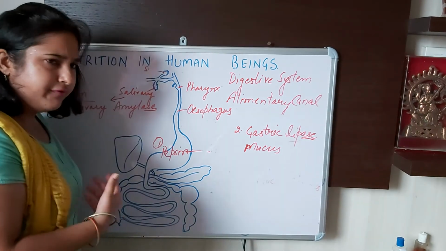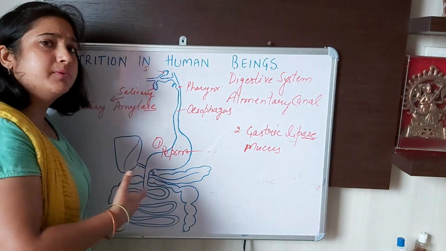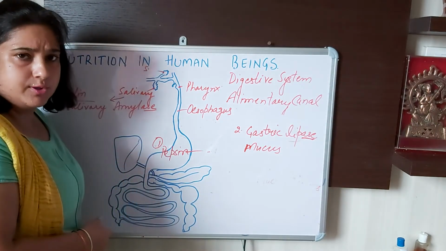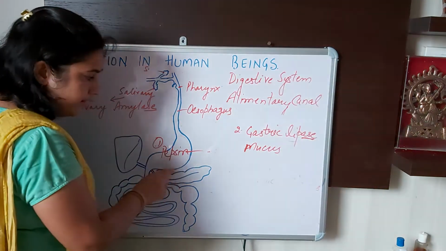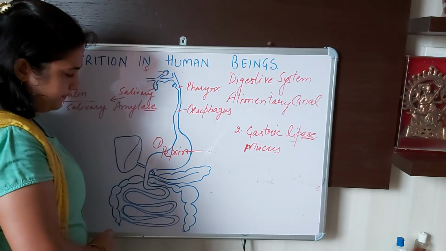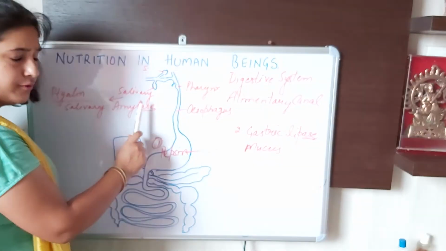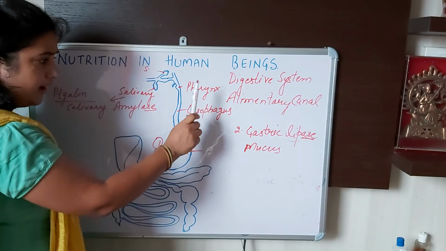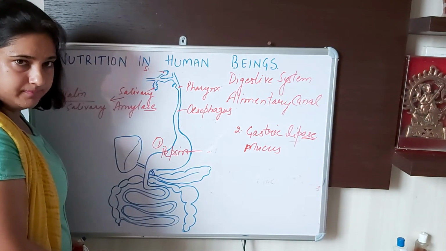If a large amount of hydrochloric acid gets produced in the stomach, it leads to heartburn or acidity also. So this mucus is very important for preventing degradation of the stomach lining. I hope up to the stomach it is clear. Salivary glands that produce salivary amylase, then pharynx, types of teeth, esophagus, and then the stomach region. Thank you.